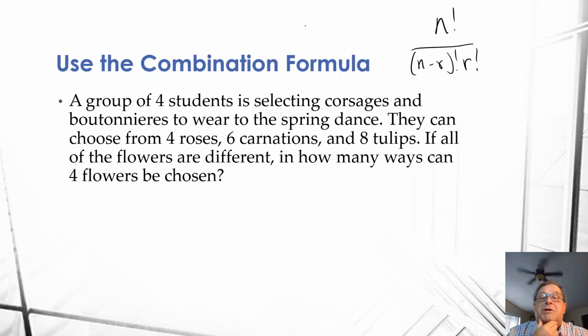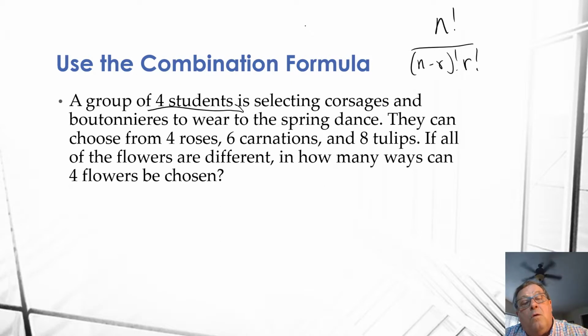There's a little information in here that you might think is important that's not. This first sentence here about the 4 students, that doesn't really factor into what we're calculating. What we're focusing on are the objects, in this case, the flowers. Now, how many total flowers do we have?